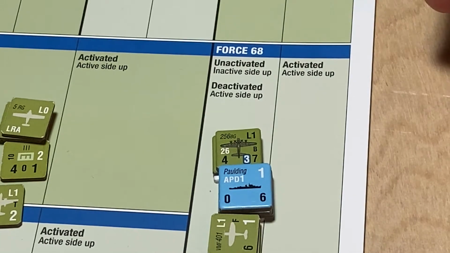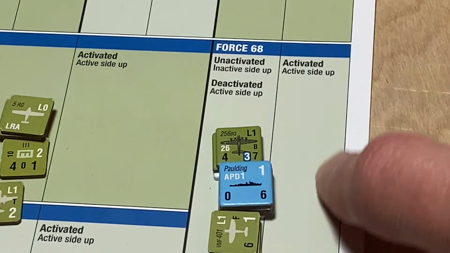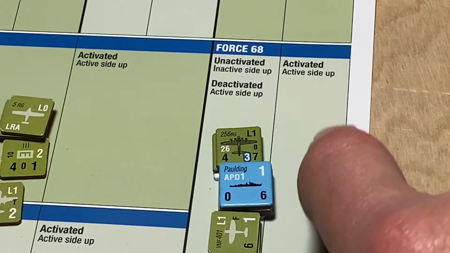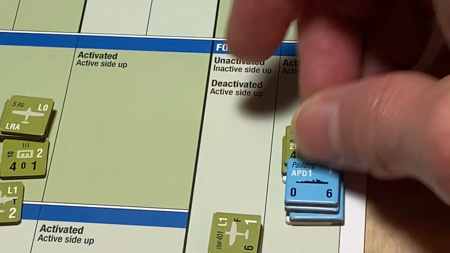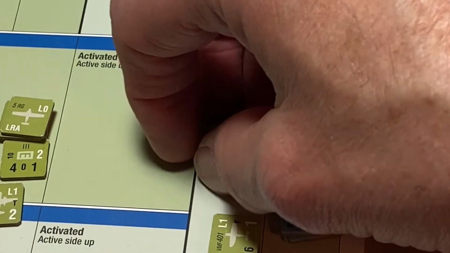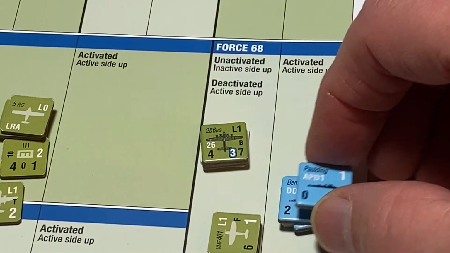as you're activating units, you put them over to the active side. And then if they're in a particular force hex, say some ships that were activated, then they'll slide over here and you'll put them in a task force.